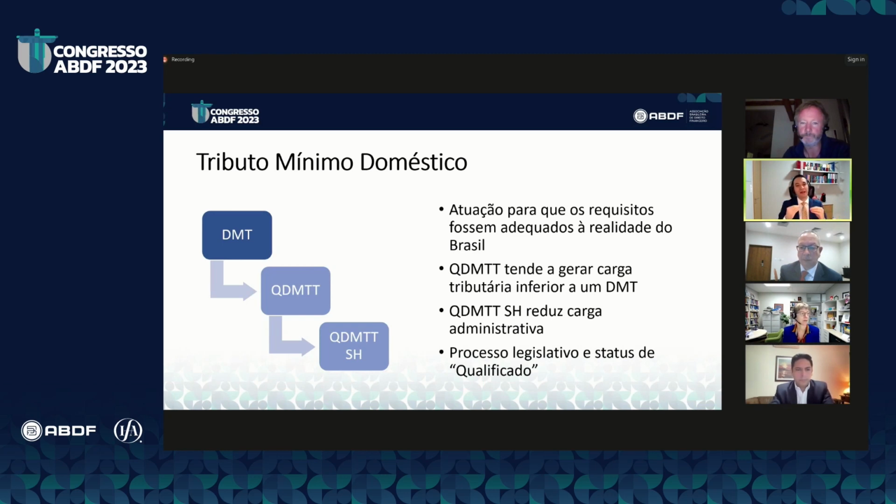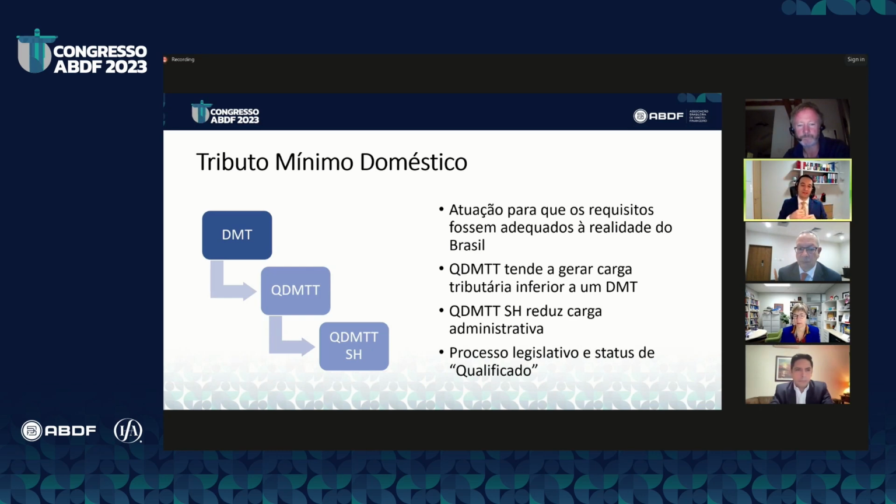pudessem estar adequados à realidade brasileira, e aqui eu destaco três aspectos, três características. A primeira é a possibilidade de introduzir um QDMTT adotando-se o padrão contábil local. Isso é extremamente relevante para a nossa realidade, e eu ouso dizer, relevante para a realidade dos países em desenvolvimento e das jurisdições com baixas capacidades, porque implementar um imposto essencialmente doméstico, adotando o GAAP da UPE, seria algo bastante desafiador.